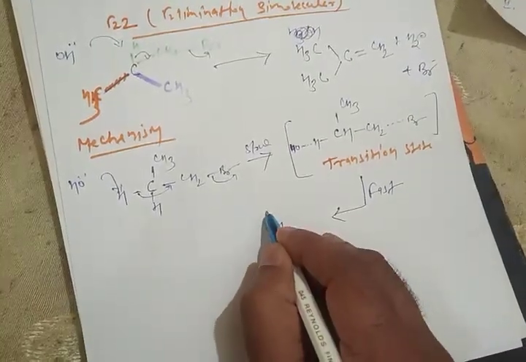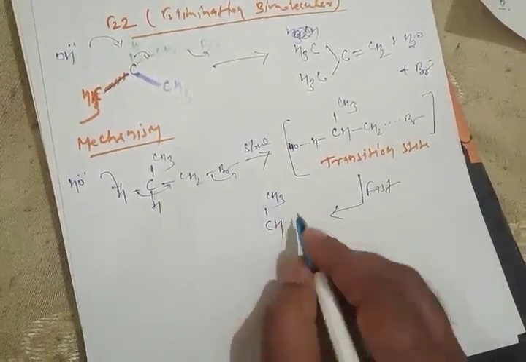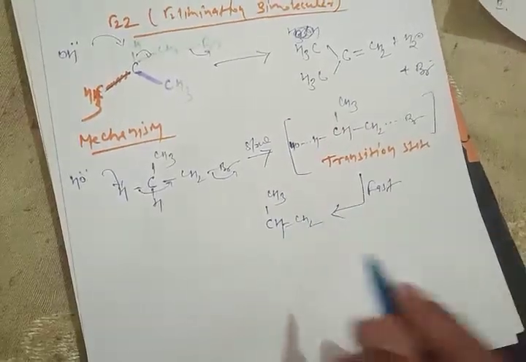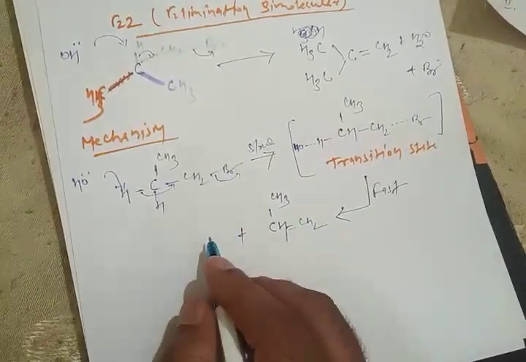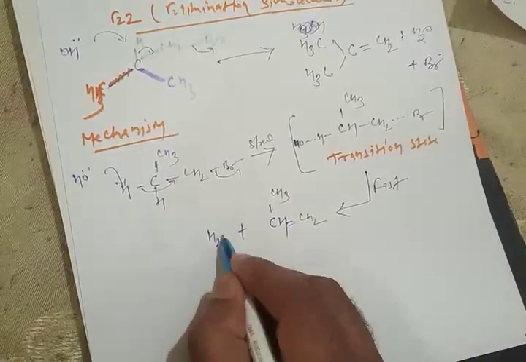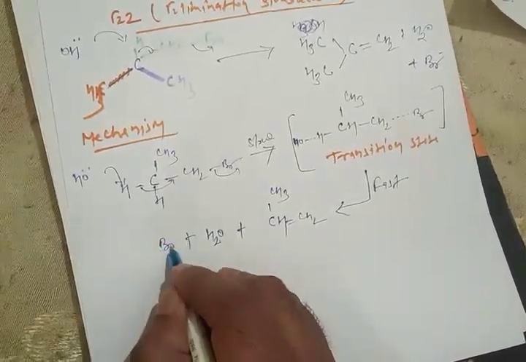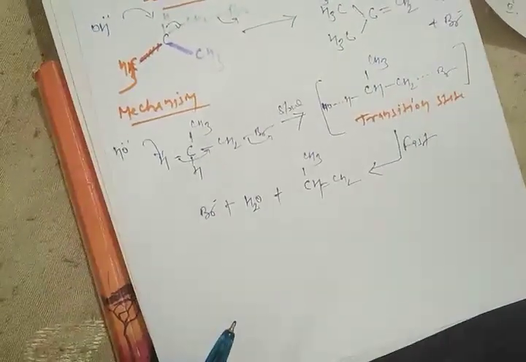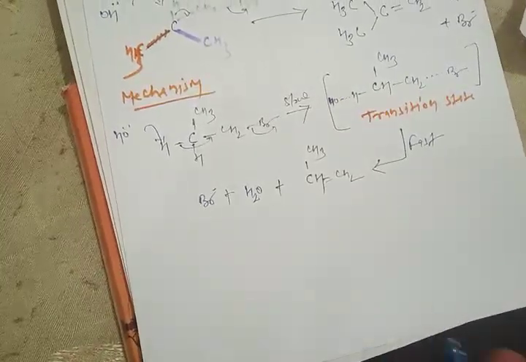What we get is CH3 with a double bond CH2, plus H2O and Br negative. Again the same thing.